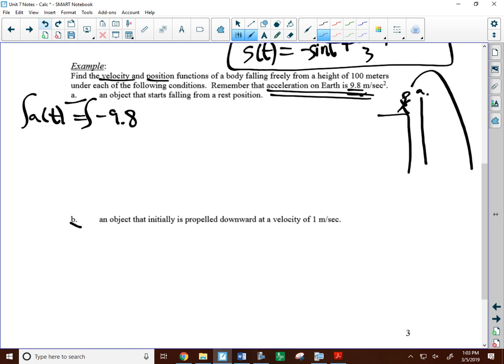Okay, guys, from there, it's the same as before. I'm going to find the velocity and position. Integral of a of t, acceleration, is velocity, v of t. And over here, it's negative 9.8 t plus c. Now, they didn't write in v of 0 equals something, but anybody have a guess what we can put in for v of t and t?